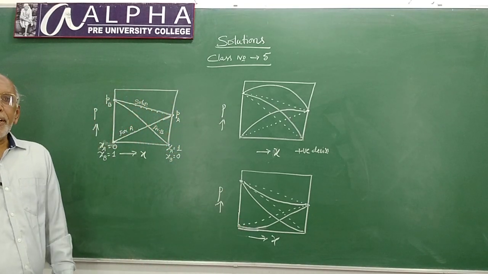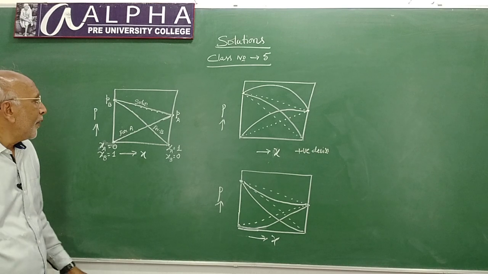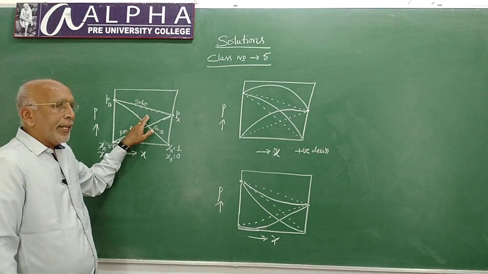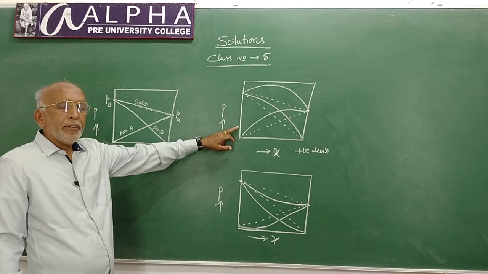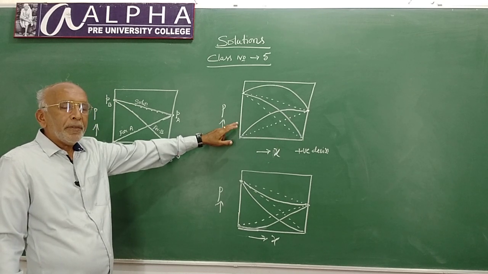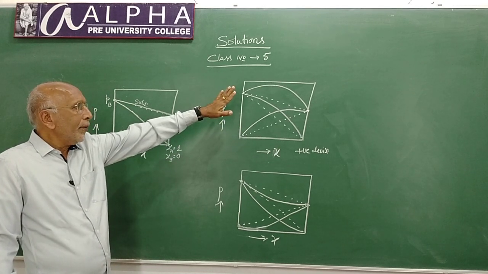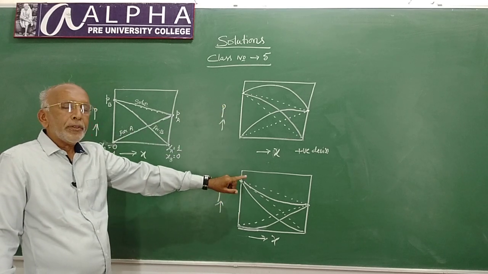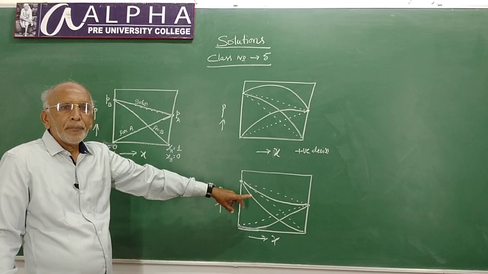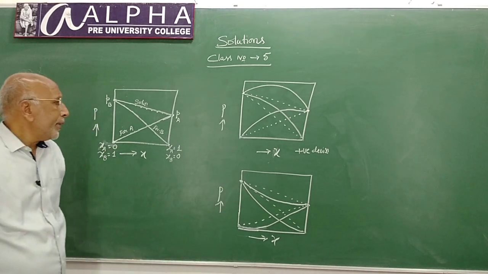These are the plots of the ideal solution and the non-ideal solution showing positive deviation. Positive deviation means the curve must show a maximum. Negative deviation must show a minimum.